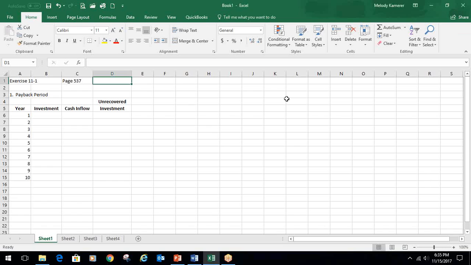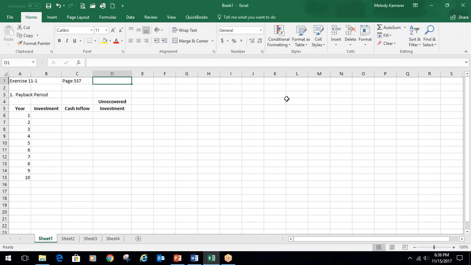Now, one of the simple ways to look at this is the payback period. This is simply looking at the length of time that it takes for a project to recover the initial cost from the net cash inflows that it generates.